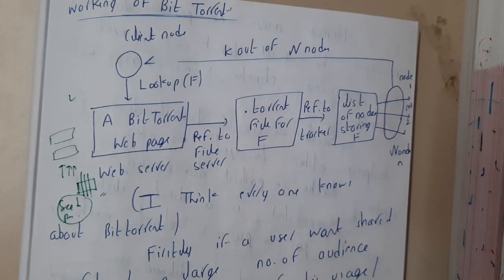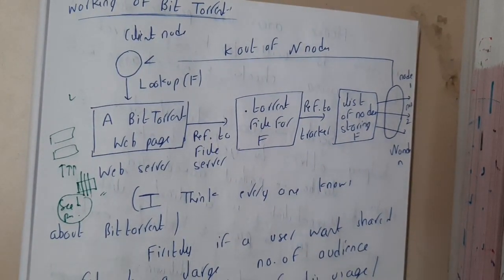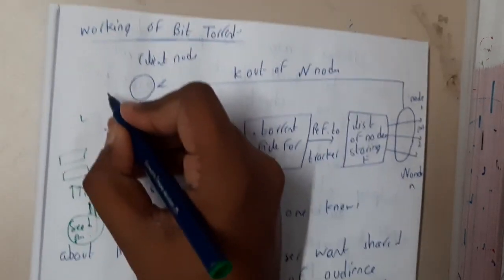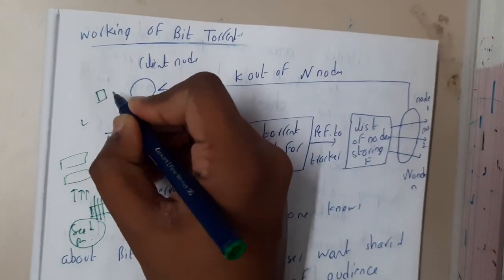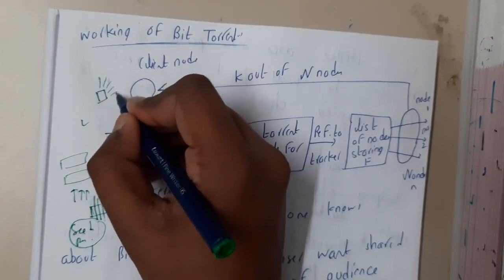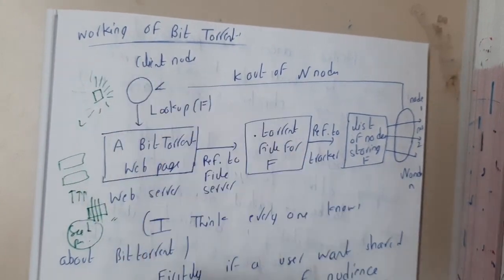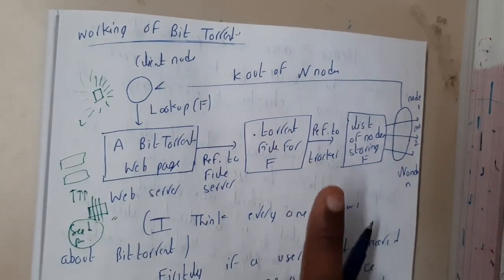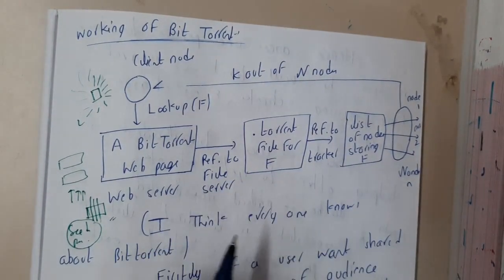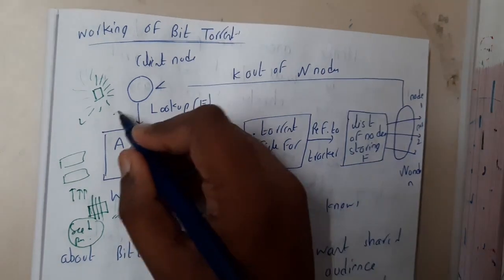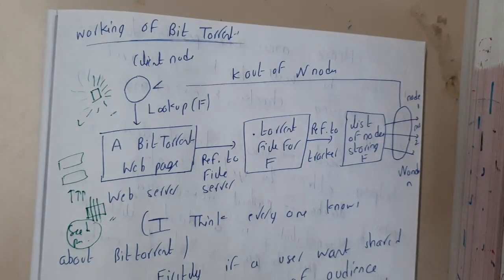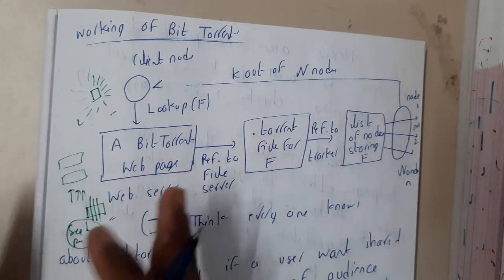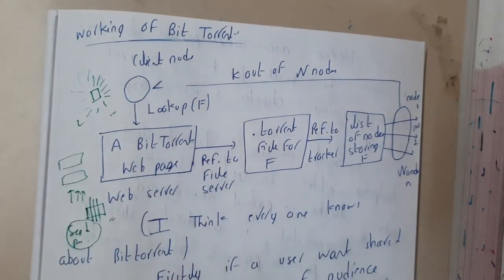Whenever a user wants to share a file with a huge network, say a single file needs to be sent to 1000 users, instead of sending it to all 1000 users individually, consider a 1 MB file. The sender requires a total of 1000 MB of internet, right? It is a huge waste for the sender. To avoid this, we use the concept of BitTorrent, guys.